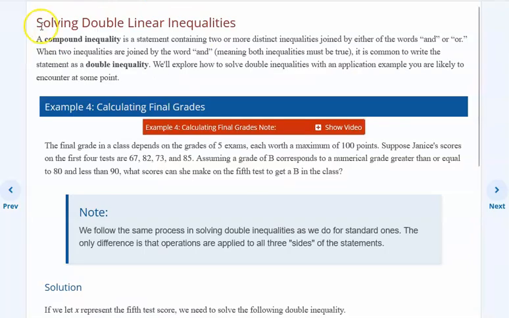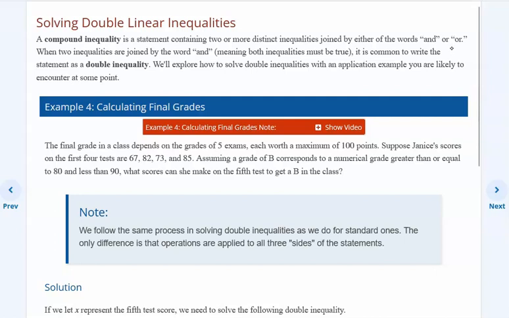As we continue, we're looking at solving double linear inequalities, often referred to as compound inequalities, and working with the words and or. The word and is a conjunction, and both must be true.